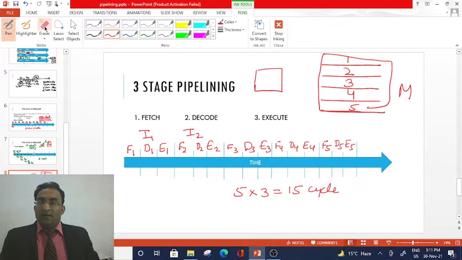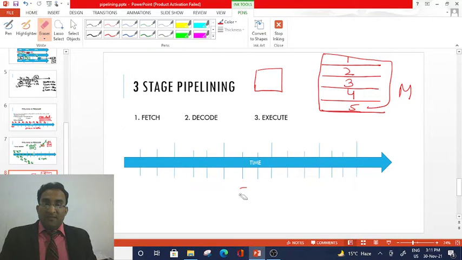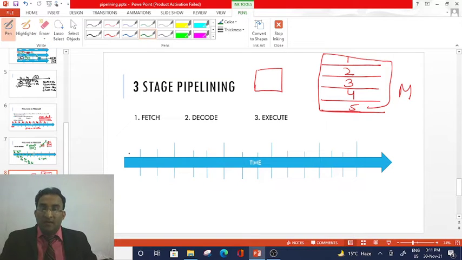When the pipeline processor is working, there will be an overlapping of stages, that is fetch, decode and execute. Now let us look at the pipeline processor. The first instruction will be fetched, and in the second cycle the decoding of the first instruction is going on.